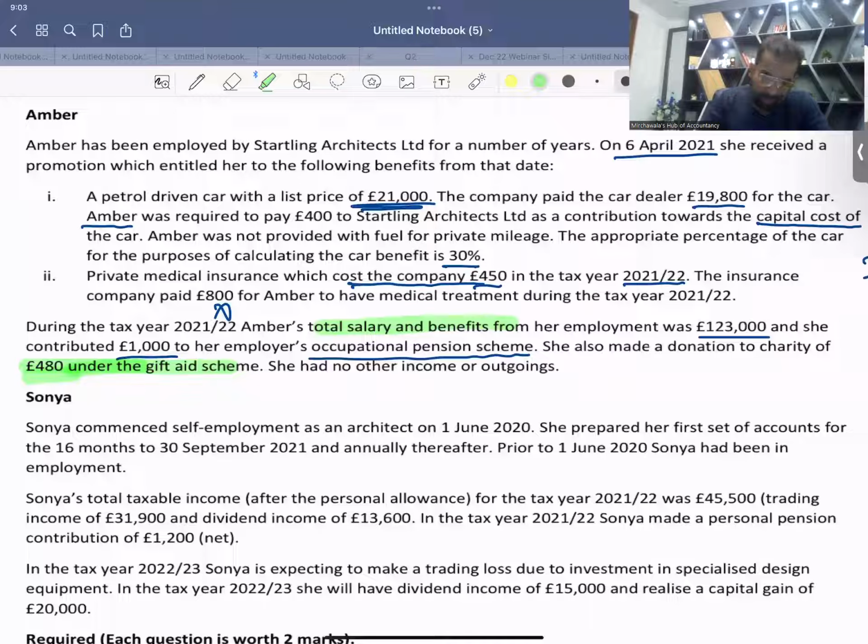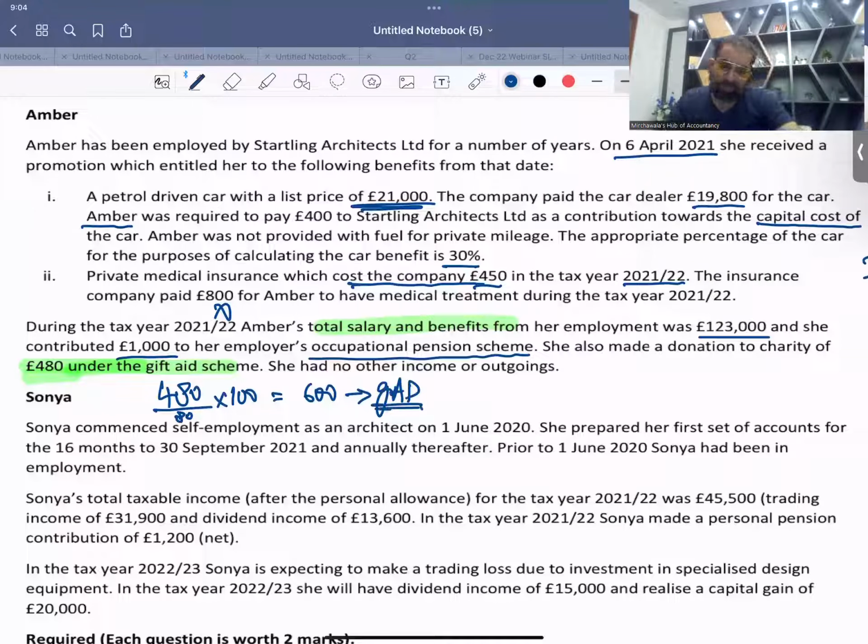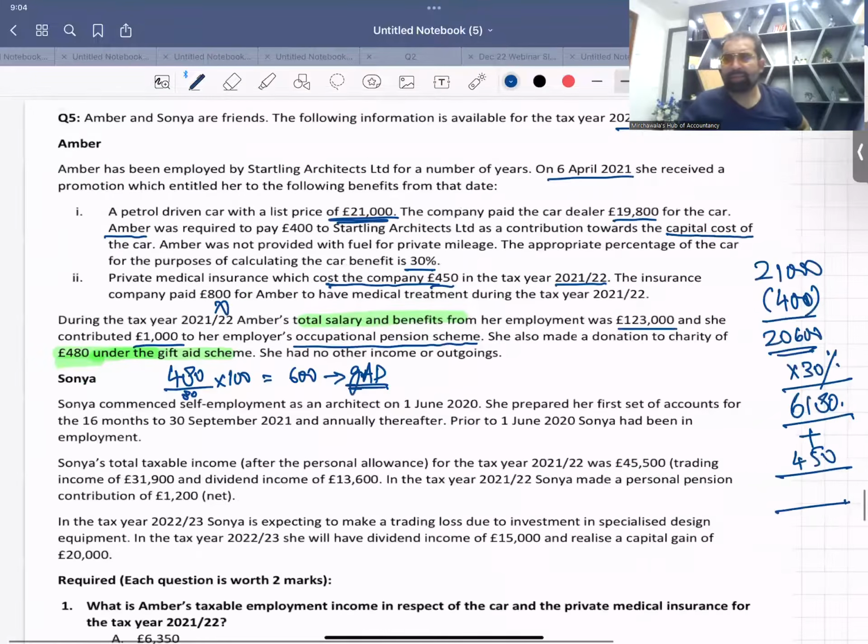Paid means net, so 480 divided by 80 into 100 gives 600, which is your gross gift aid, GAD. Okay, so I have done some working for you.